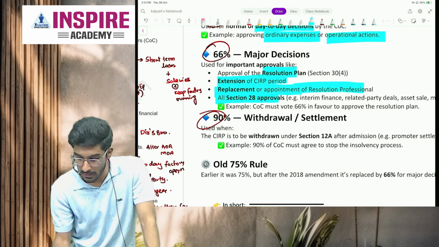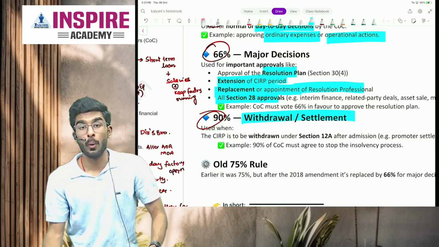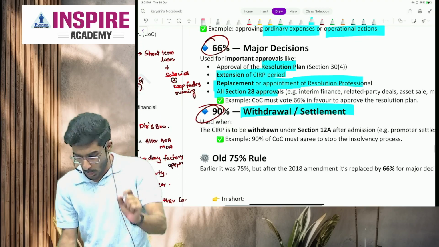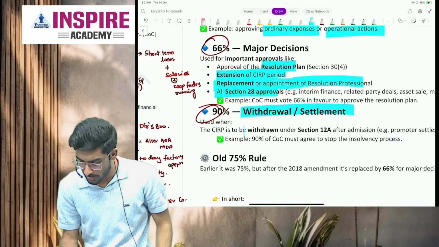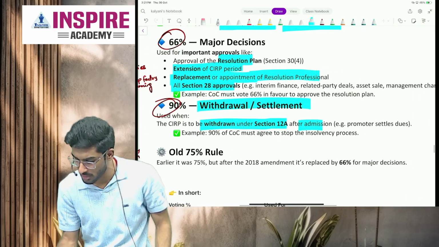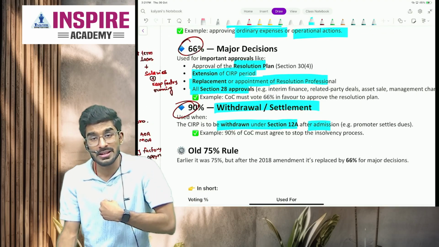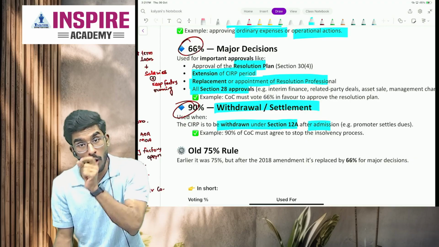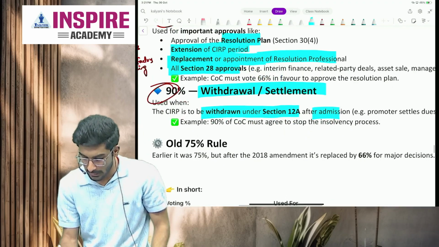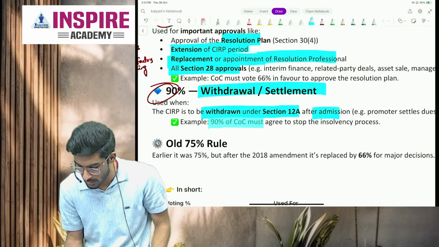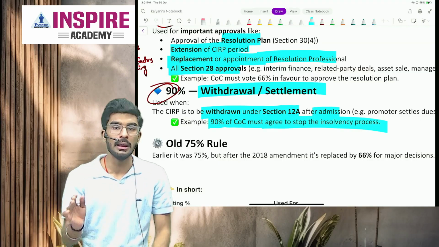And last, people, 90% is for withdrawal or settlement. What is the meaning of this? If the CIRP is to be withdrawn under section 12A after admission, and every single due is settled, then for withdrawing the CIRP, 90% consent of the COC is required. 90% of the COC must agree to stop the insolvency process.